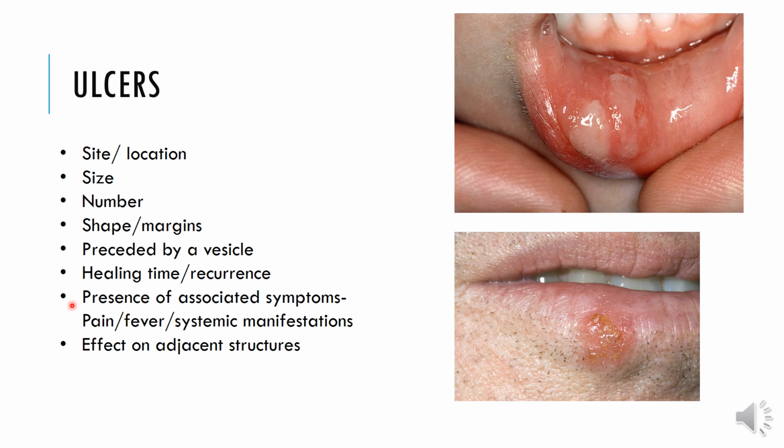First you take a history, then you do an examination, and by the end of it, in your mind, you must already be thinking of a diagnosis or multiple diagnoses, which forms the differential diagnosis. I'm sure you've already come up with some diagnosis looking at the location and the number of the ulcers here, as well as these ulcers over the upper lip. And yes, you're right, if you've thought of traumatic ulcer here, and a herpes labialis, which is crusting, probably preceded by a vesicle.